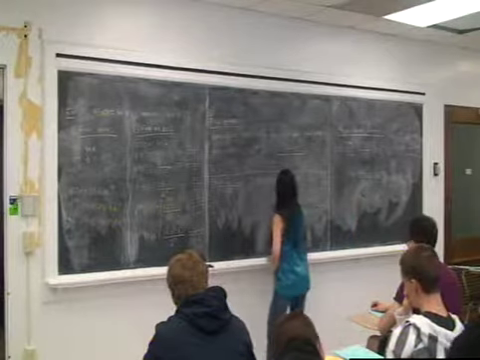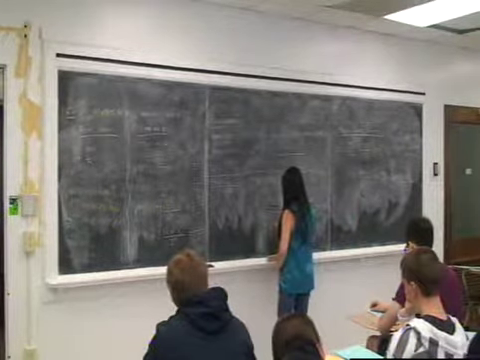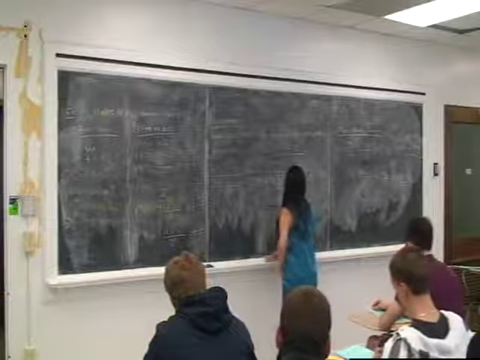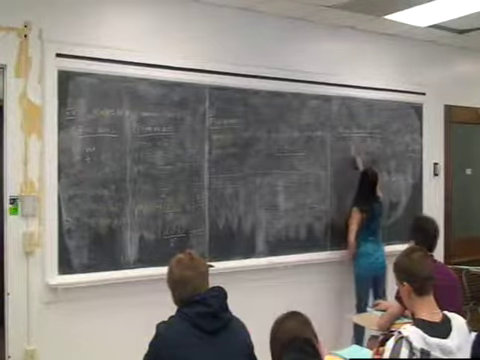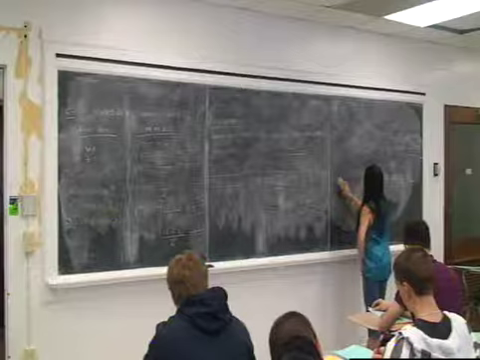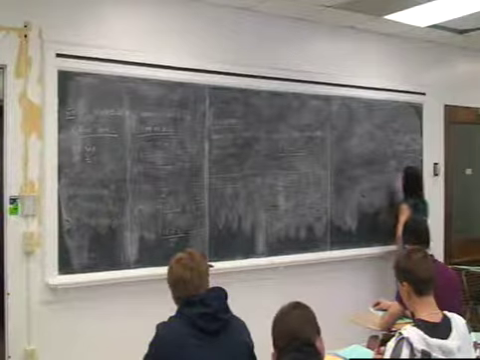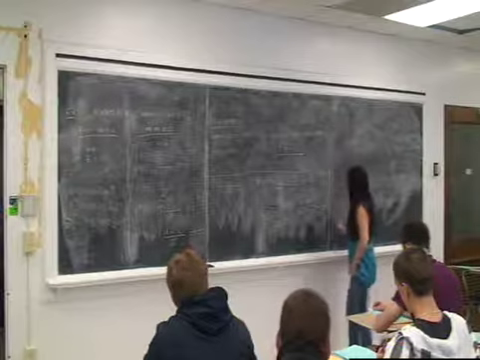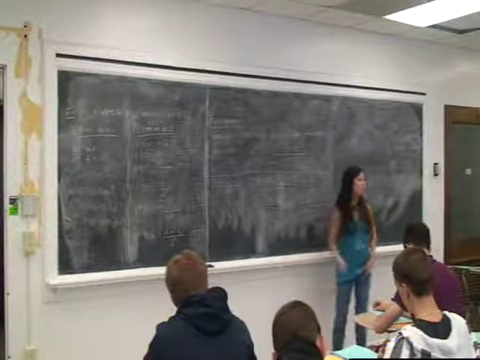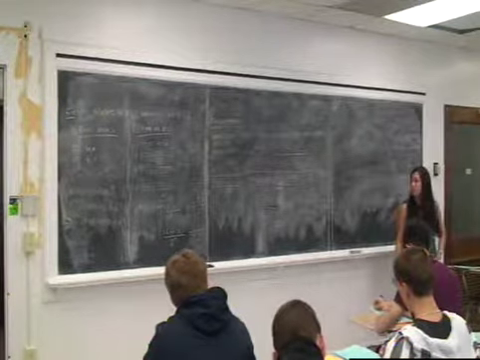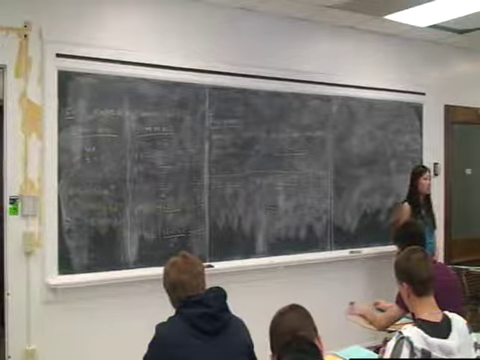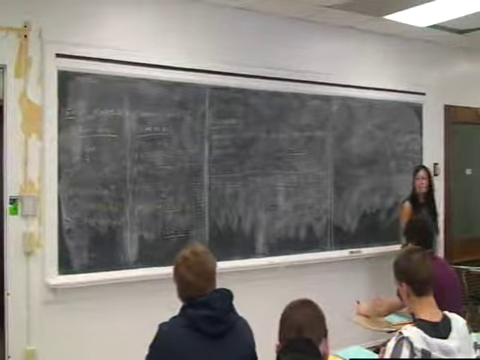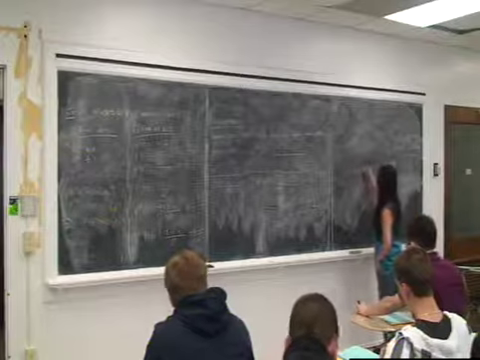So this right here is an n equals 0 term. Does that make sense? Let's do a side example.